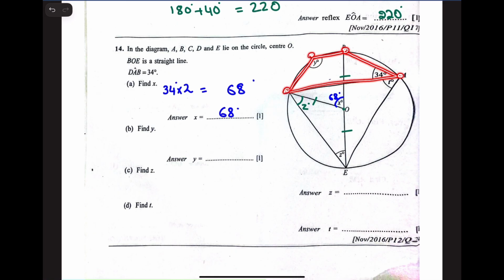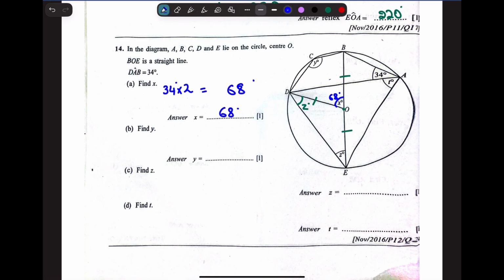As we know that the opposite interior angles of a cyclic quadrilateral are supplementary, y plus 34 should be equal to 180. So y is equal to 180 minus 34, which gives us y as 146 degrees.